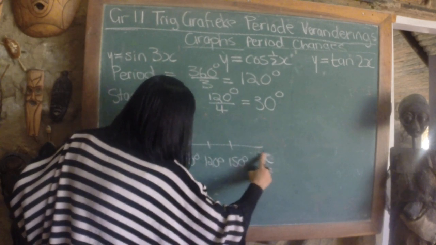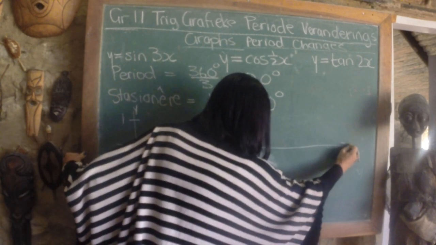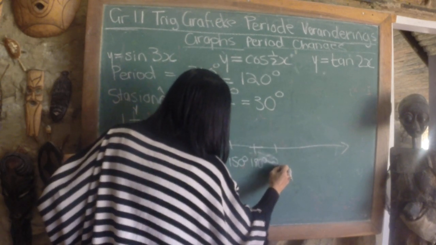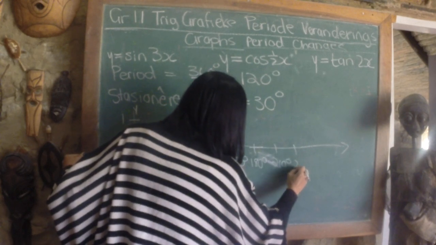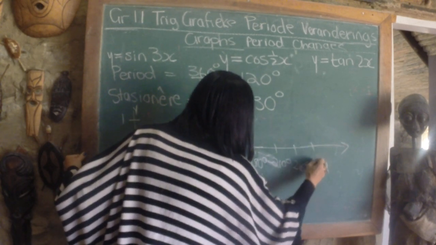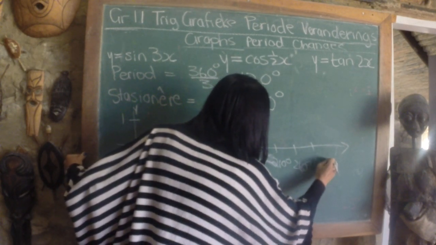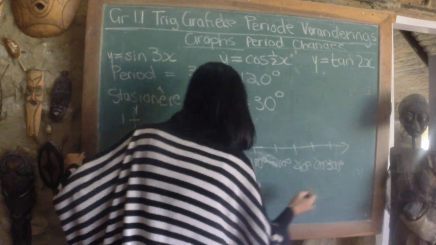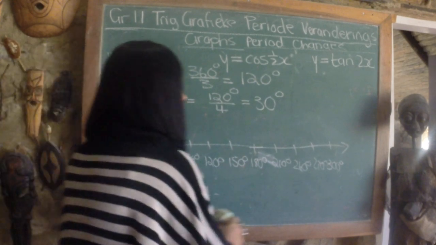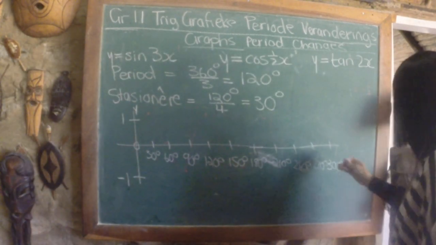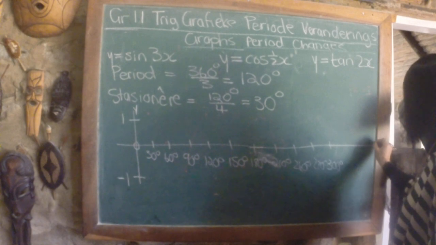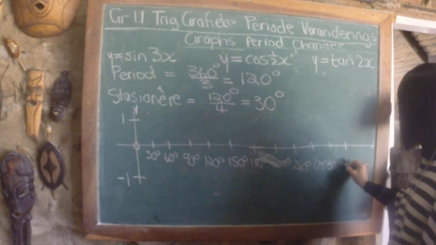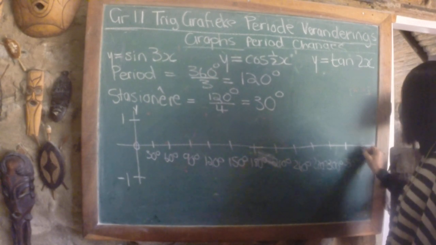We'll have to lengthen our x-axis a little bit. 180, 210, 240, 270, 300, lengthen it a little bit more, because now we're going to have lots of graphs in 360, lots of cycles, dan tot 330 en dan tot 360.